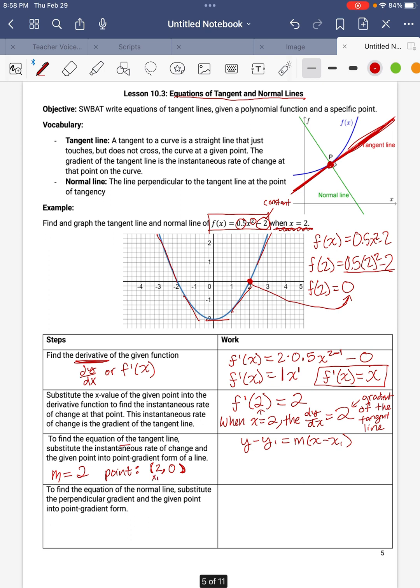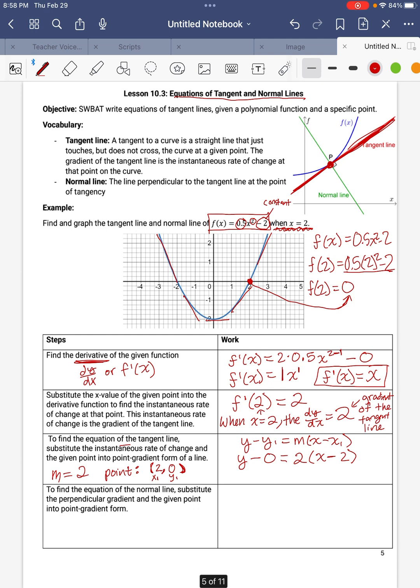I'm going to label my point x1 and y1, and I'm going to plug it into the equation of a line formula, the point gradient form. So y minus y1, so y minus 0 equals m, which is 2, times x minus x1. x1 is also 2, because that's the x value of the point.